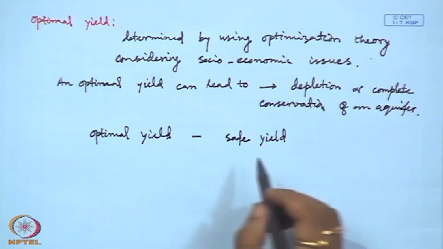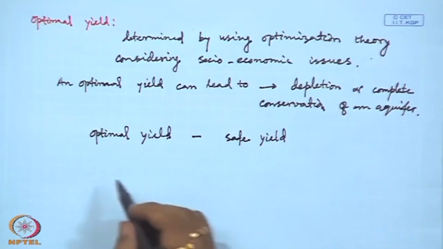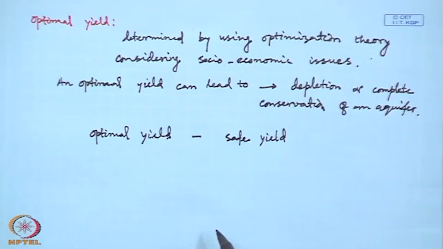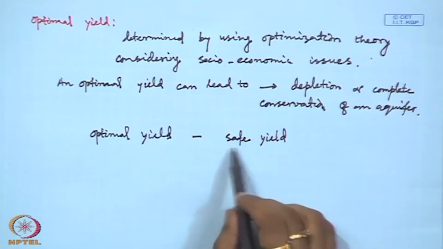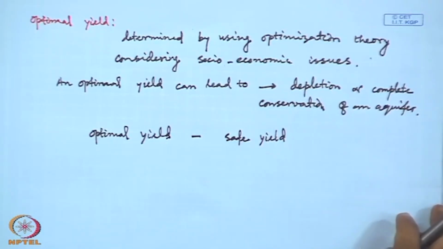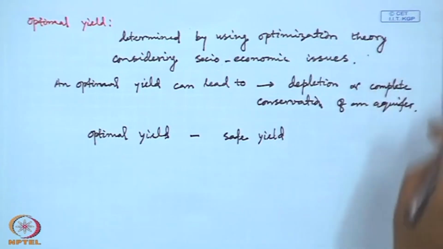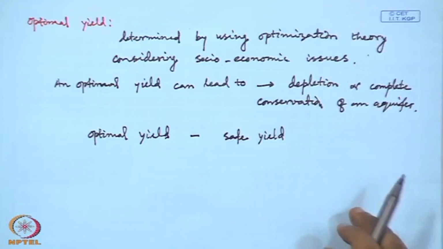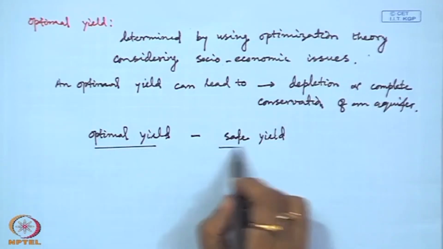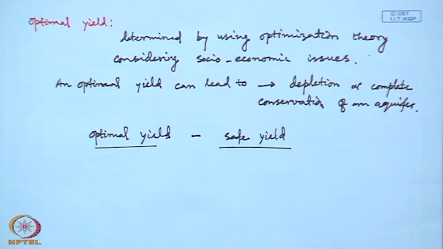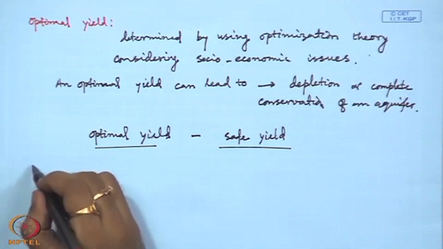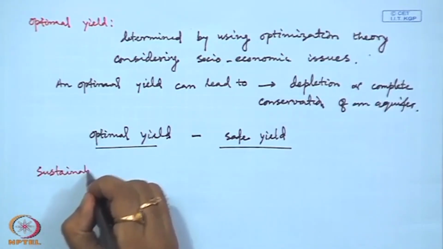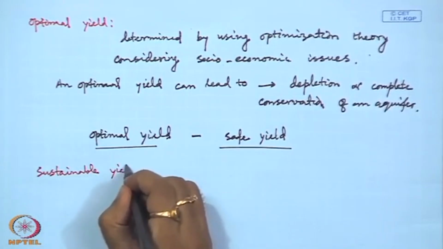So, this optimal yield can lead to depletion of the aquifer, whereas this safe yield will maintain the aquifer level or the storage within the aquifer. Next important term is sustainable yield.